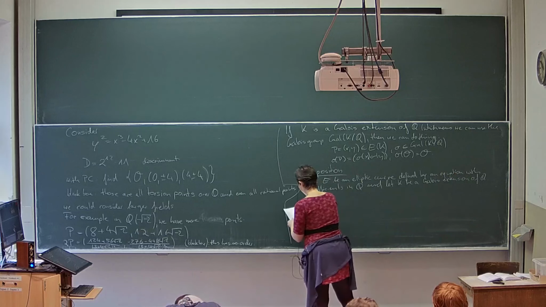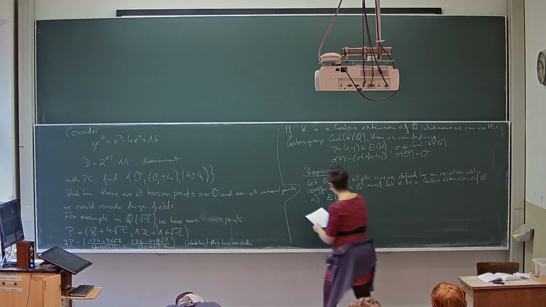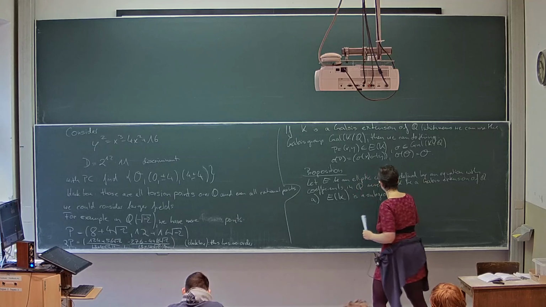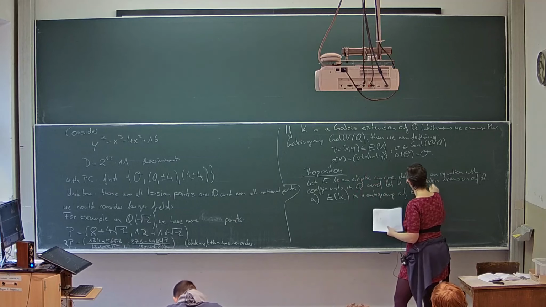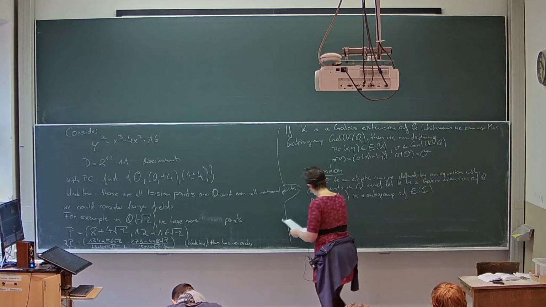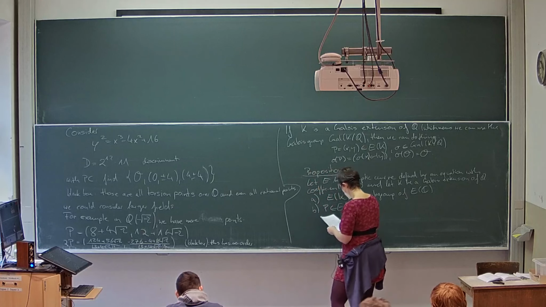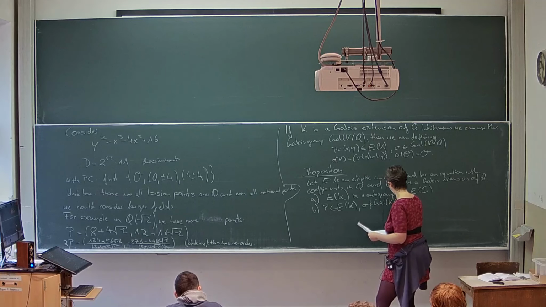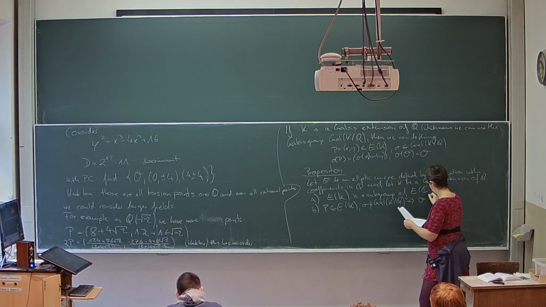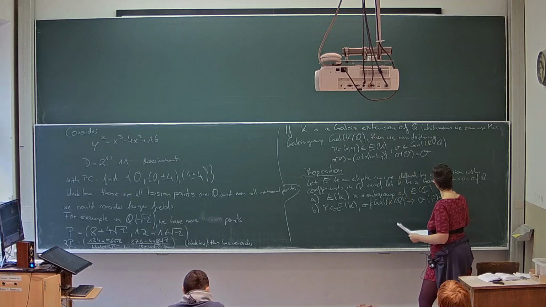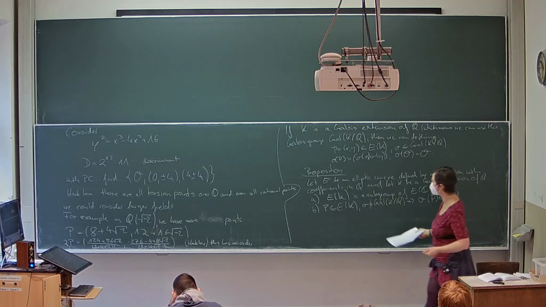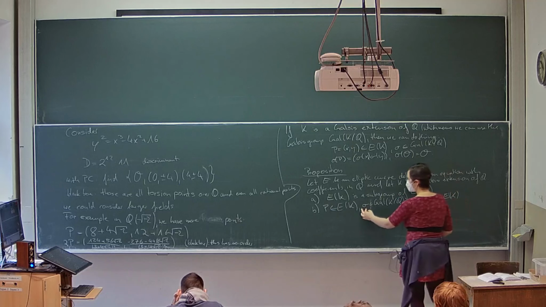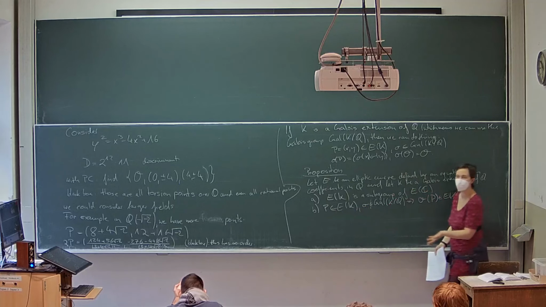So what is true then? E of K is a subgroup of E of C. This means that if we have a point on the curve and an element sigma of the Galois group, then sigma of this point is again on the curve.